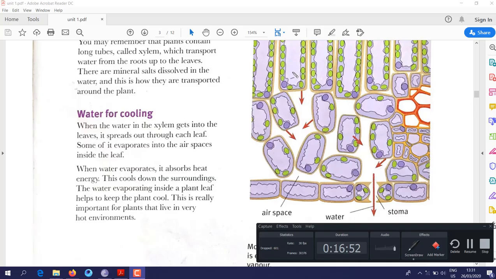Inside a leaf, this structure is a leaf, and this leaf has openings in it, we call them stoma or stomata. So when water evaporates through these stomata, it takes some of the heat with it. Then at the end, what will happen? The plant will cool down.